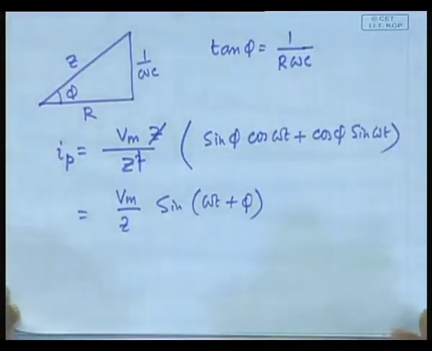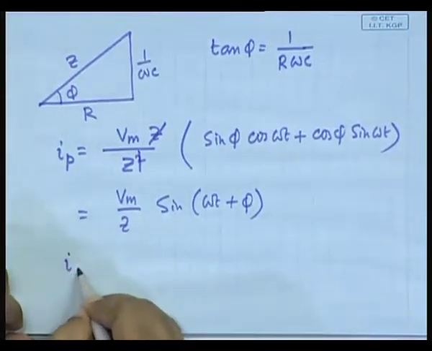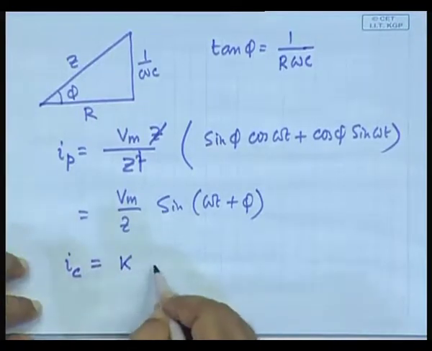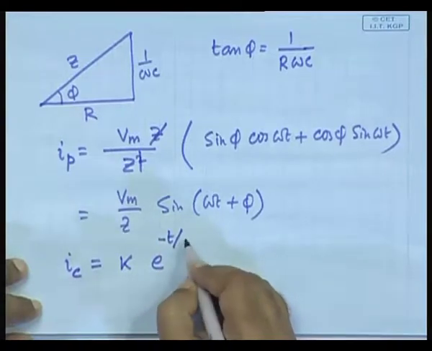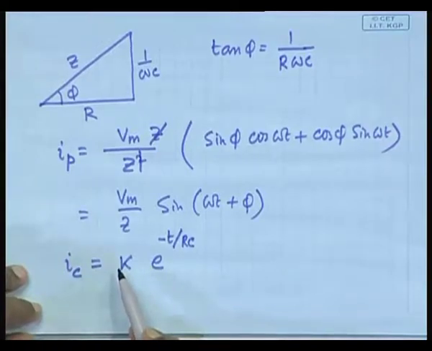So, we can guess that the complementary part will be some k times e to the power minus t by R c. Where do you get the k from? K has to be obtained from the initial condition.